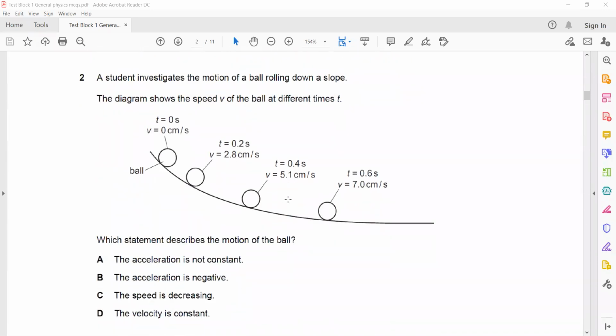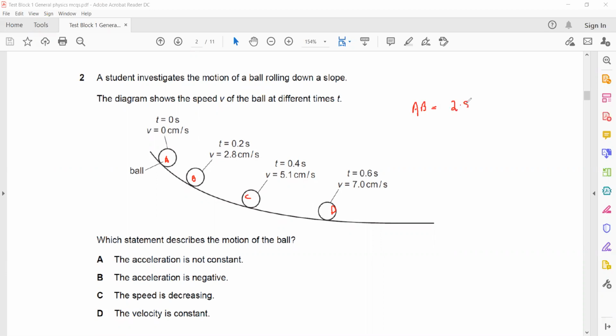For question 2, a student investigates the motion of a ball rolling down a slope. Which statement describes the motion of the ball? The acceleration is not constant. Acceleration means change in velocity. So what is the acceleration? If I label these positions A, B, C and D, from A to B, acceleration is the change in velocity.